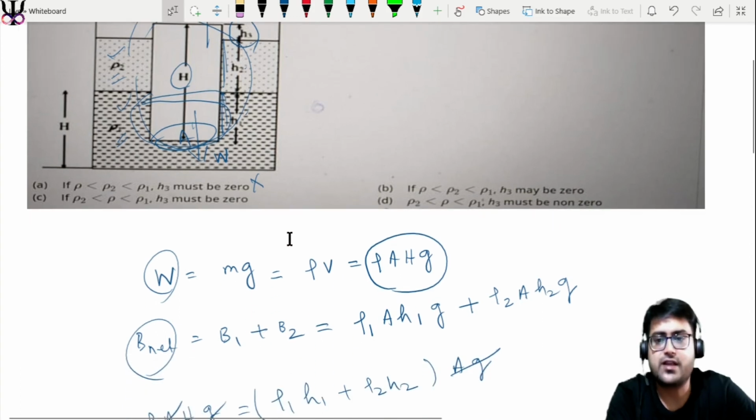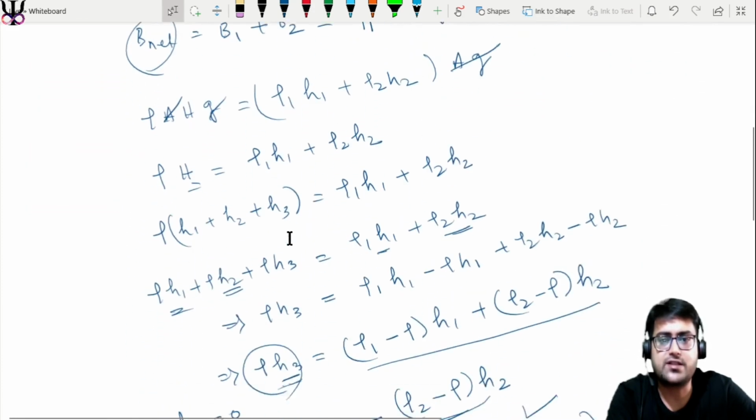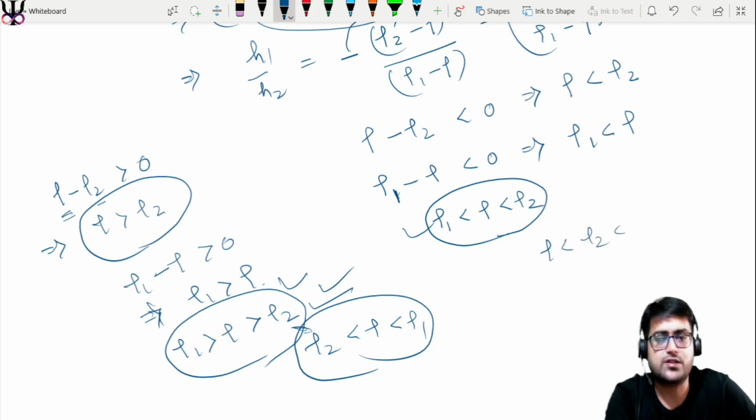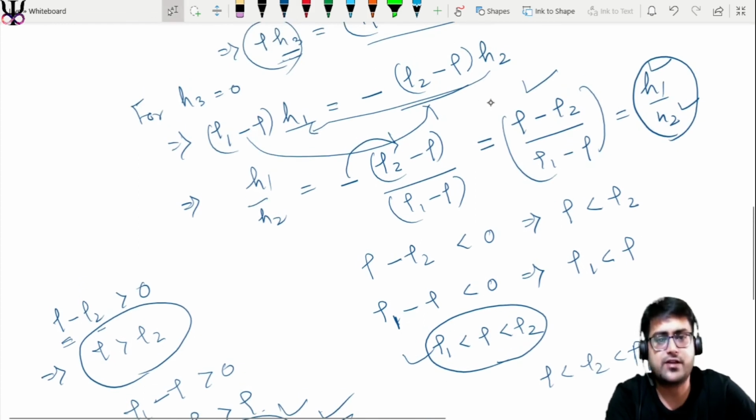If ρ is less than ρ2 less than ρ1, what will happen to our fraction? ρ is less than ρ2, so this is going to be negative, and ρ1 is greater than ρ, definitely, so this is positive.